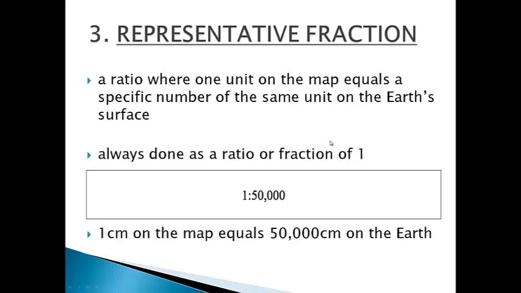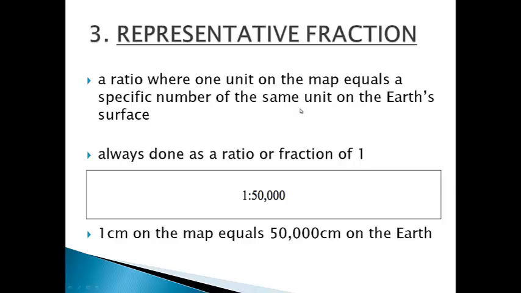The third and last type of scale is a representative fraction. You would also know this as being a ratio. So a representative fraction, or an RF for short. Essentially it's a ratio where one unit on the map equals a specific number of the same unit, okay, keyword is the same unit, on the Earth's surface.